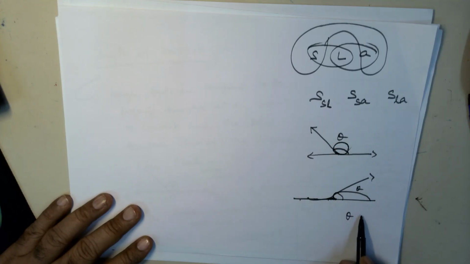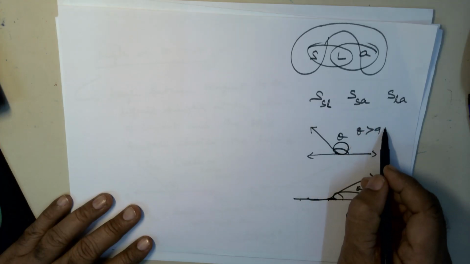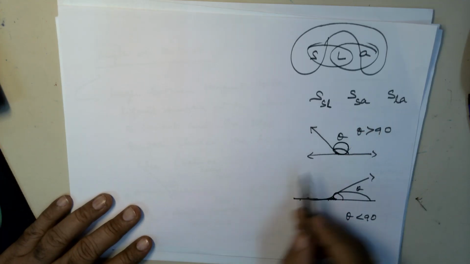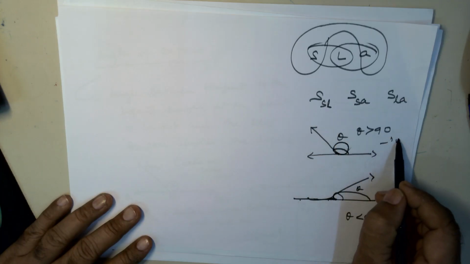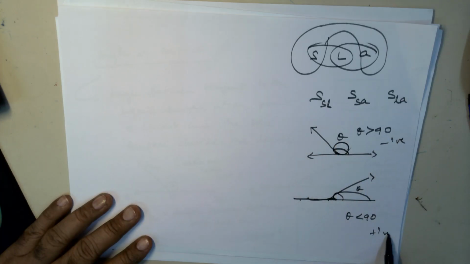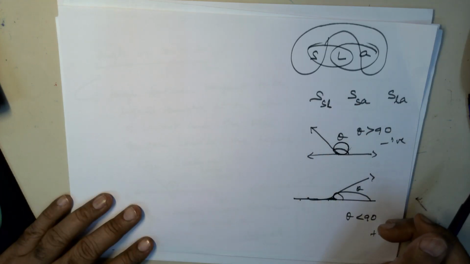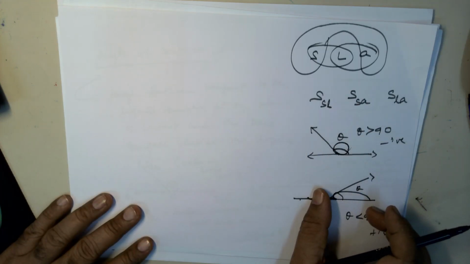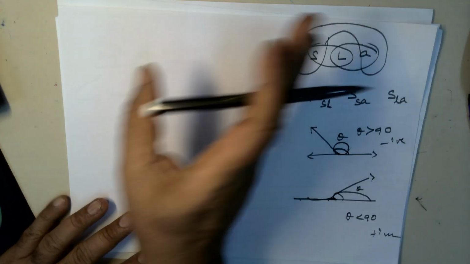In this case, theta is less than 90. Here, theta is greater than 90. So the cos of the angle definitely becomes negative here, whereas there it is positive. So you are explaining the round shape and the diffused shape of this bubble on ordinary surfaces based on the angle of contact.